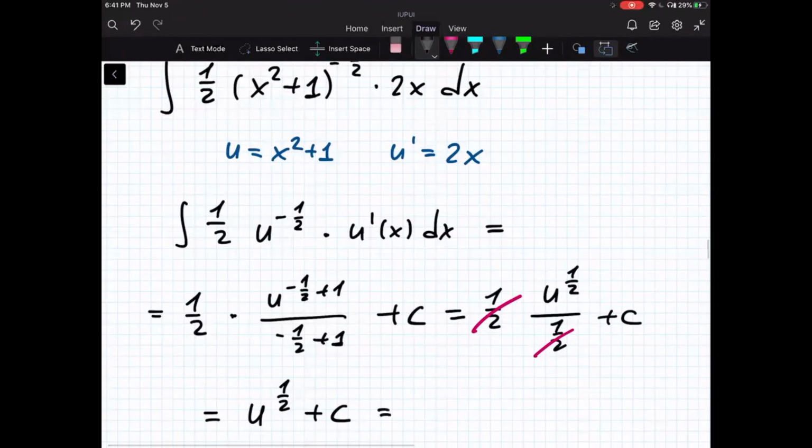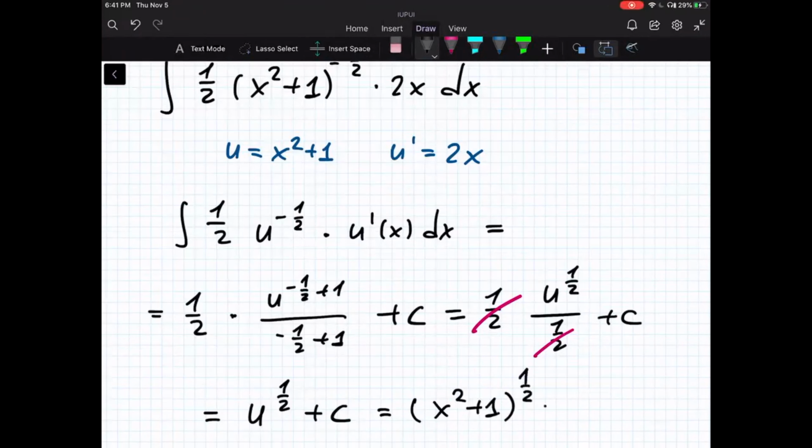My u is x squared plus 1, and so the final answer is (x squared plus 1) to the power 1/2 plus some constant, which is indeed the same answer as we have seen before. Again, the idea is first you need to find u, then check that there is also u prime inside your integral, and then you can use this general power rule.